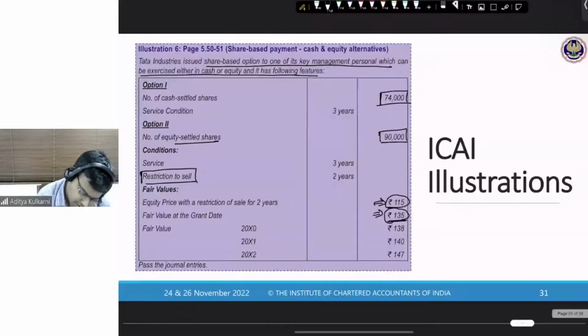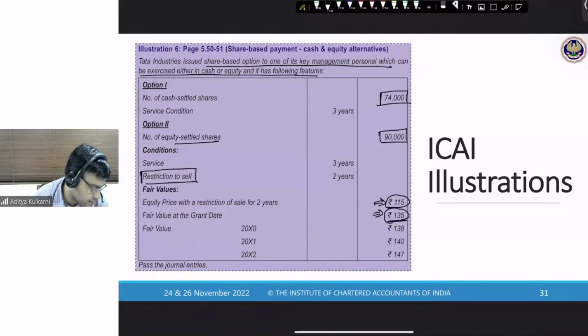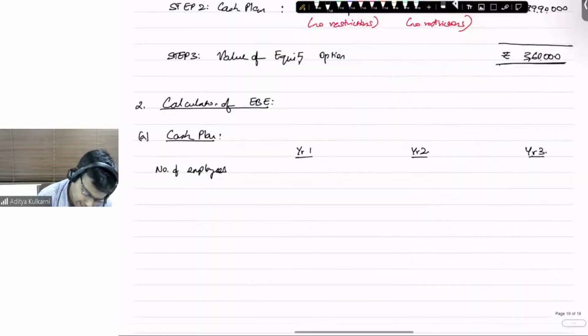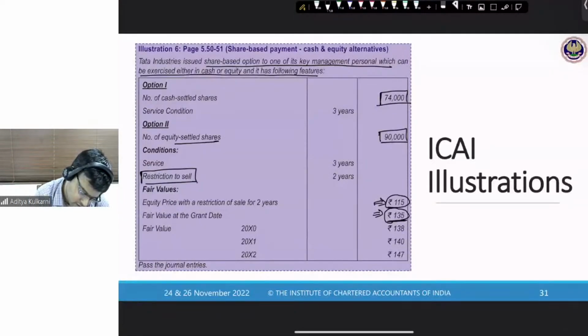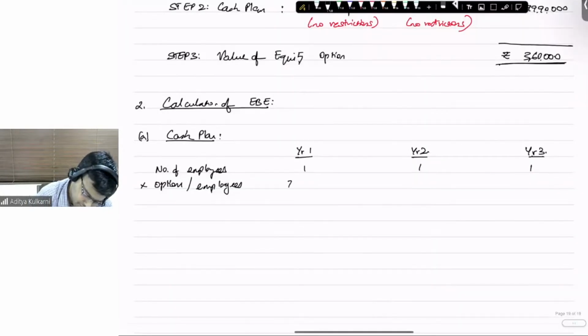How many employees are there? It is key managerial personnel, so it will be one. They're not given the number. Into options per employee. How many options? 74,000.